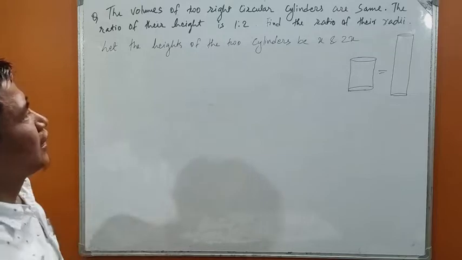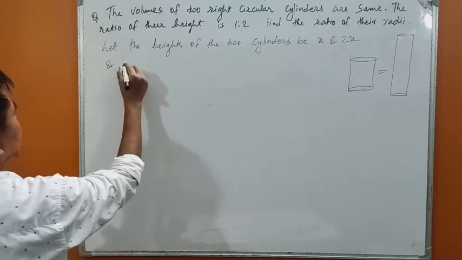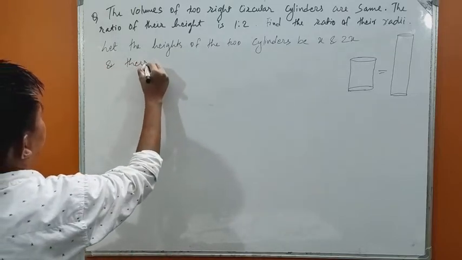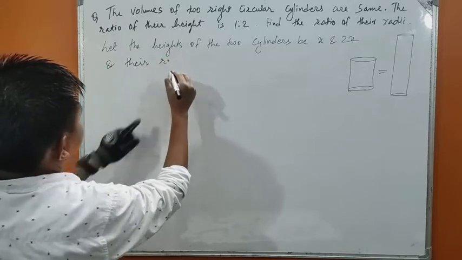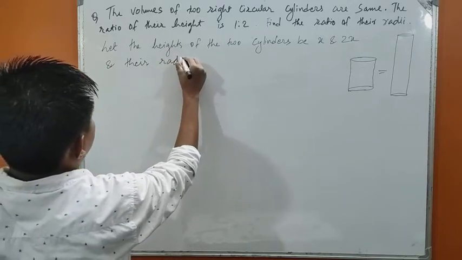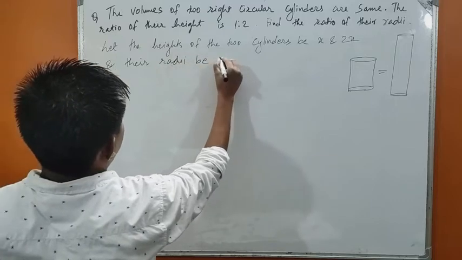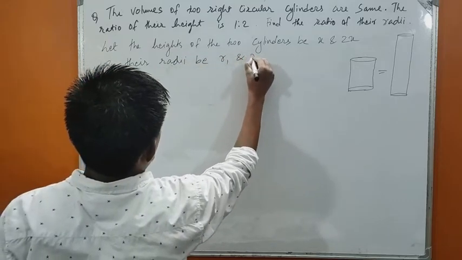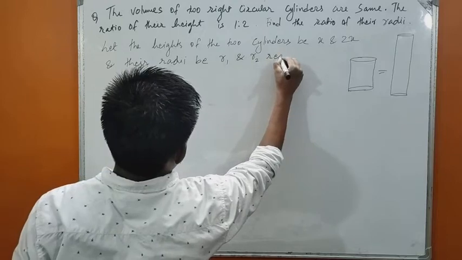And let their radii be r1 and r2 respectively.